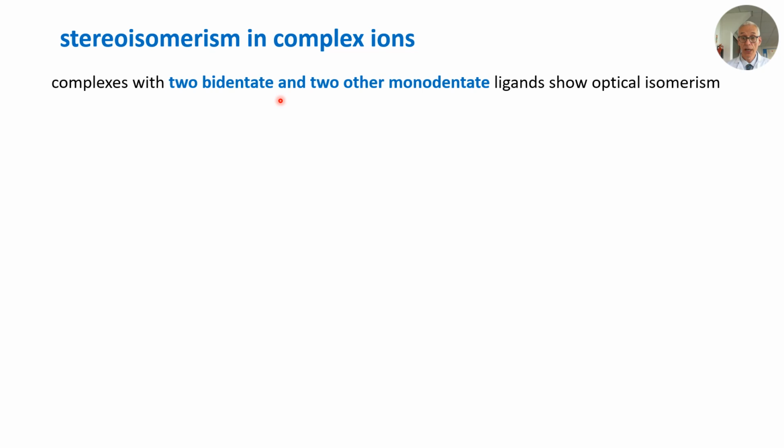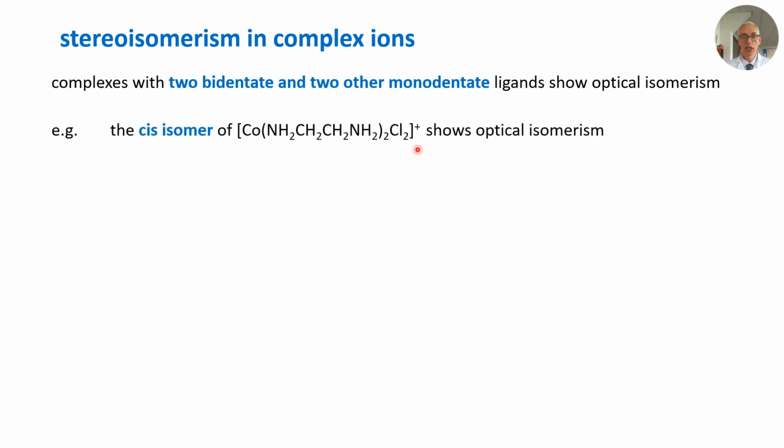Complexes with 2 bidentate and 2 other monodentate ligands may also show optical isomerism. So if we return to the cobalt complex we met when we were doing cis-trans isomerism, so it's cobalt, 2 bidentate ligands, 1,2-diaminoethane, and 2 chloride ligands, and we look at the cis isomer.